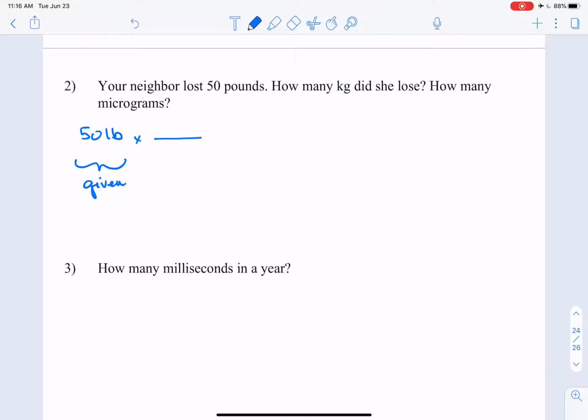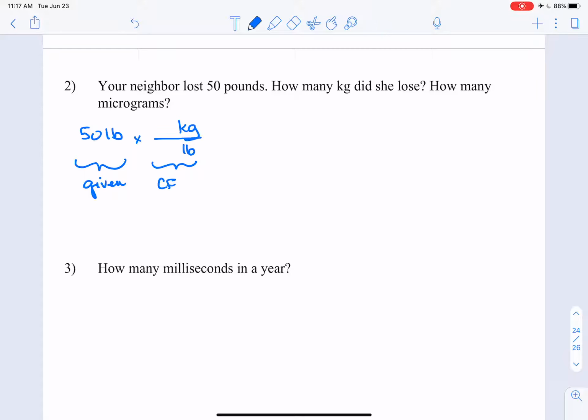So first of all, we're going to write pounds or pound, same thing, on the top or the bottom of our conversion factor. Which one? On the bottom, because we want pound divided by pound. And yes, pound is LB. The reason is Latin. Okay, and we want kilogram on the top.